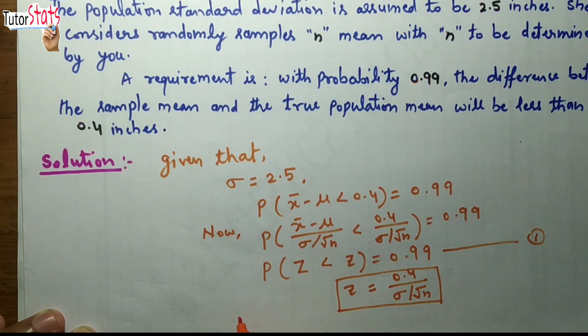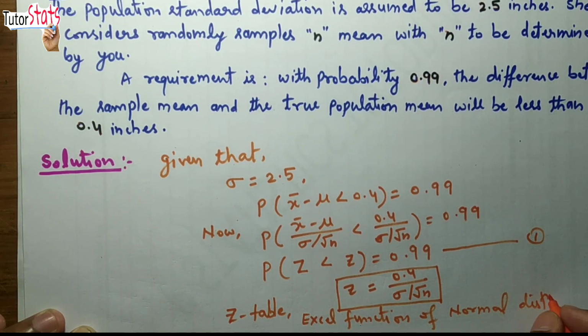So we can use the z table, the standard normal table, or the Excel function of normal distribution or standard normal distribution. The function is NORM.S.INV.